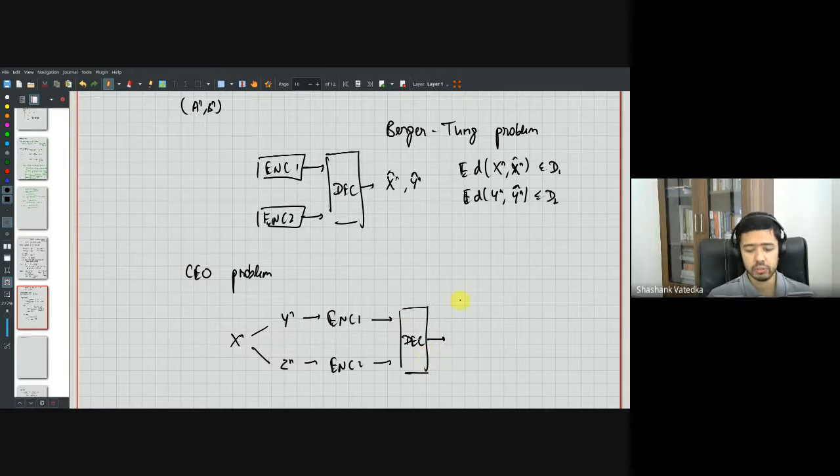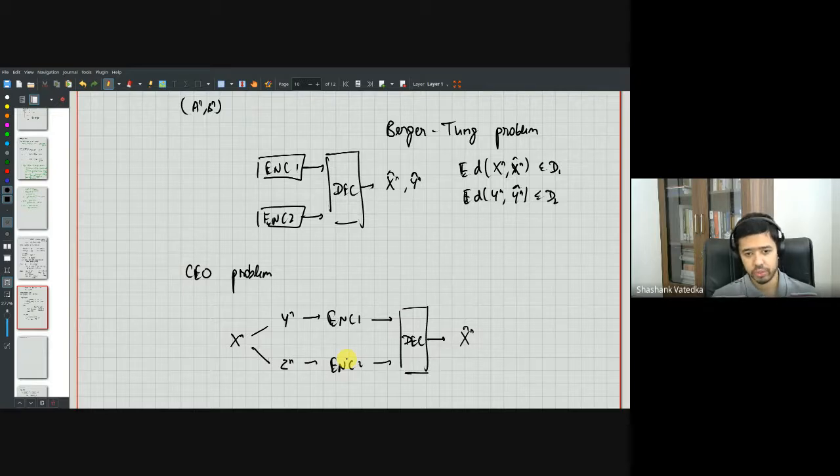The goal of the decoder now is not to estimate yn and zn, it's to estimate xn. So the goal is to estimate xn given some compressed versions of yn and zn.